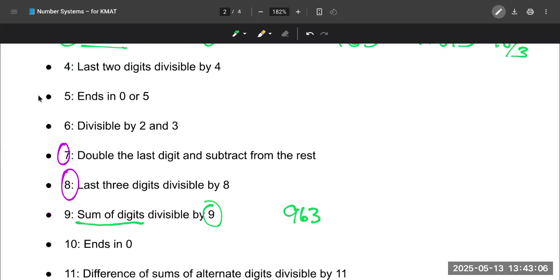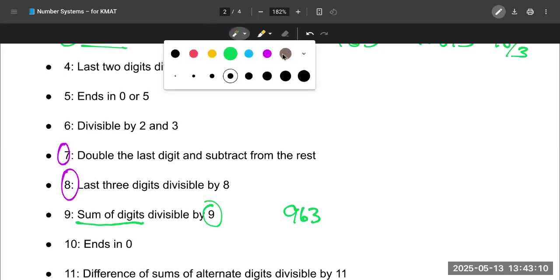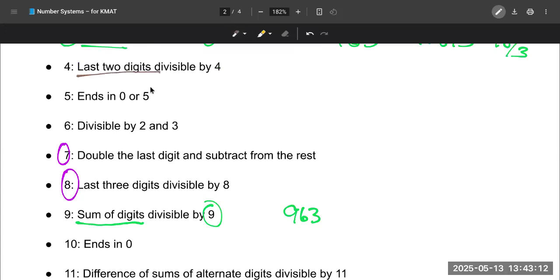A number is divisible by 4 if the last two digits are divisible by 4. So 724 is divisible by 4 because the last two digits, 24, are divisible by 4. A number is divisible by 5 if it ends in either 0 or 5.